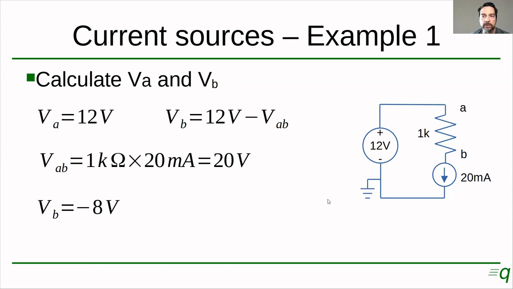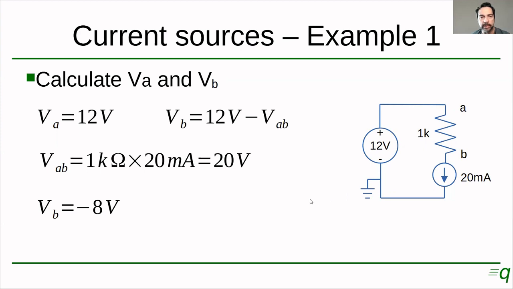Now, some of you may be surprised a little bit by this result, by this negative voltage on point B, right? On all the circuits that we've worked with, all the voltages that we have in the circuit are somewhere in between the negative and the positive side of the supply.